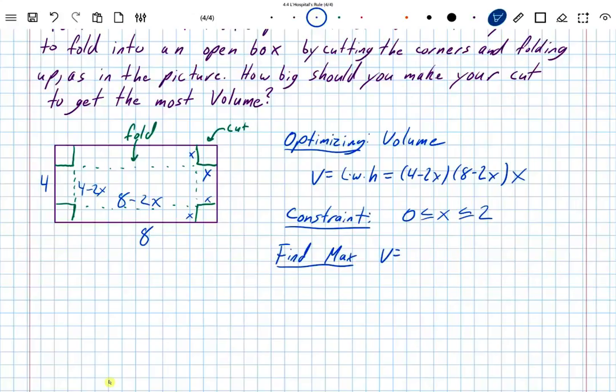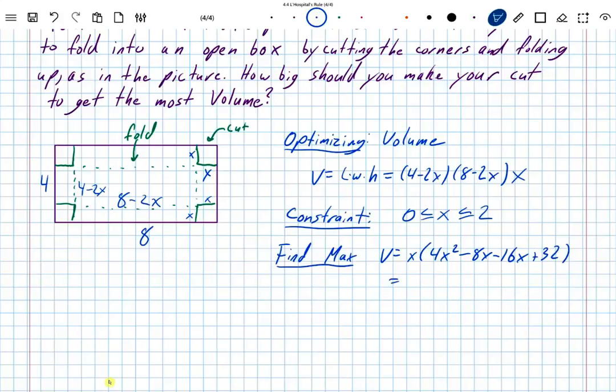So I think if I can do this right, foiling that first thing out, just leave this x out front. I get 4x squared, and then I get a minus 8x and a minus 16x, and I get a plus 32.